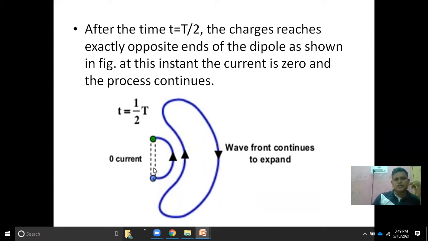At this stage, these two opposite charges are reaching the maximum distance, so this carries very little or zero current. This process will continue if these two charges oscillate in simple harmonic motion. The wave fronts will be generated, separated, and move away from the antenna.